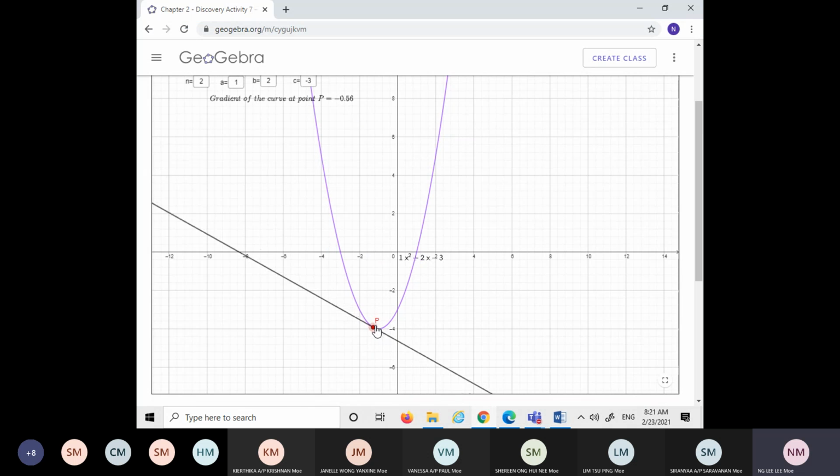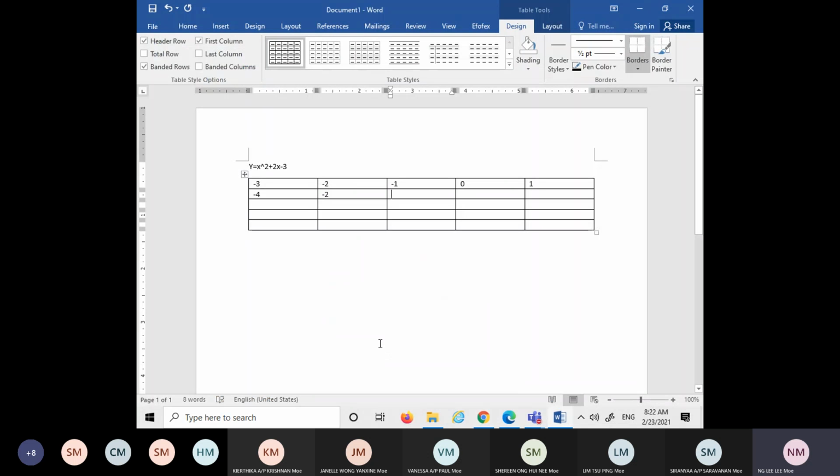And when x is at -1, because this is the turning point, it should be 0. Here should be 0.